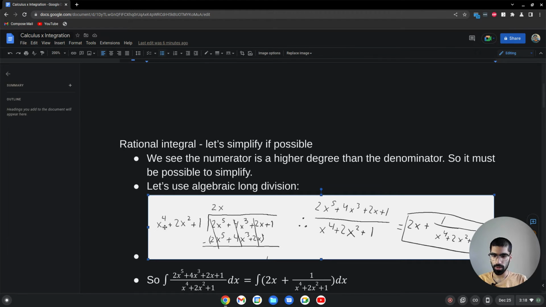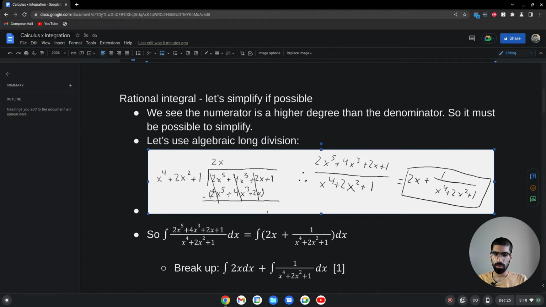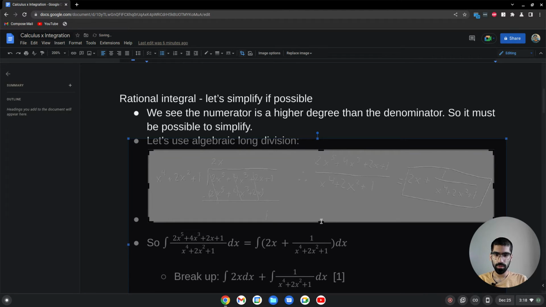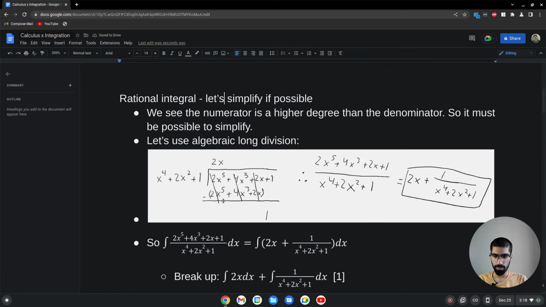And then all of the other terms got multiplied by 2x as well. When I subtract that away, I get all of these first three terms cancelling out. And then I have 1 left over as a remainder.